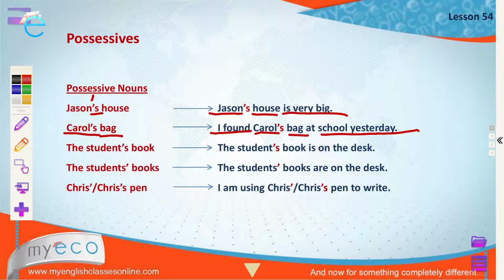Here, student is singular. Student. So it's the student's book. The student's book is on the desk. But here, students is plural, so 2 or 3 or 4 students.